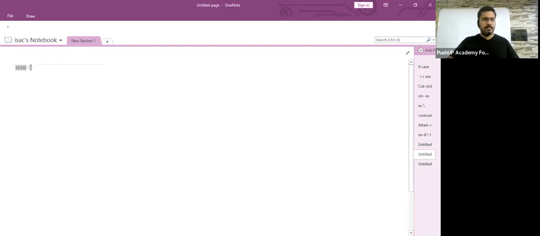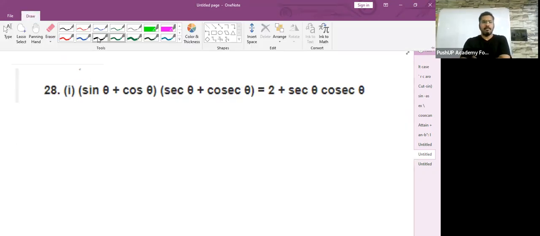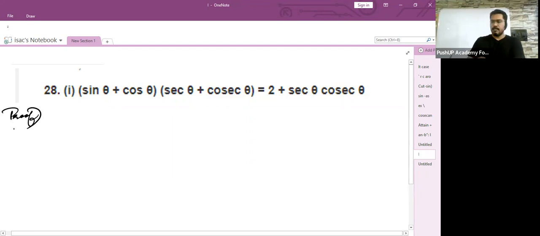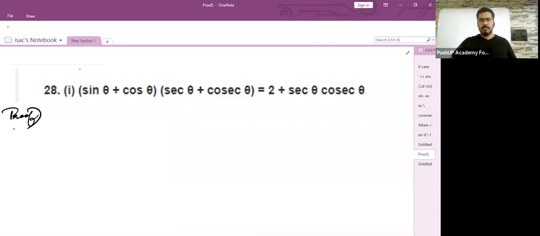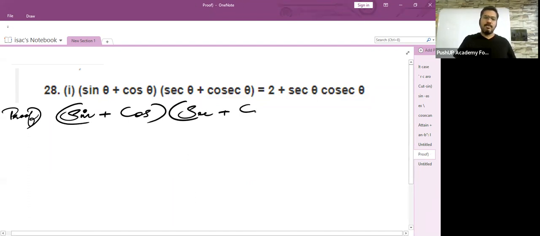The next sum. You have to prove sine plus cos into sec plus cosec is equal to 2 plus sec into cosec.